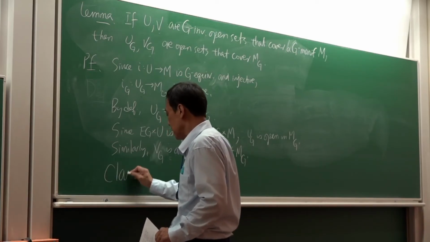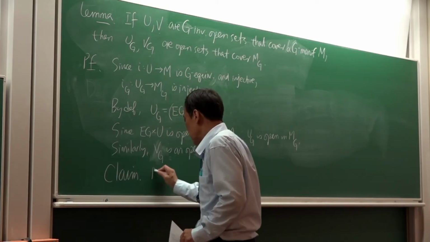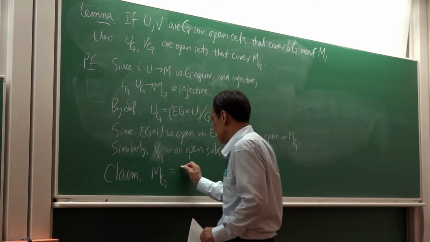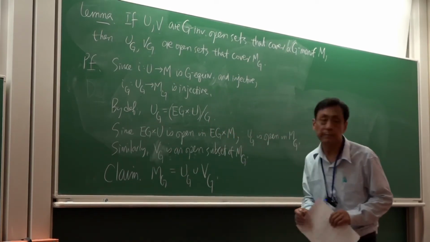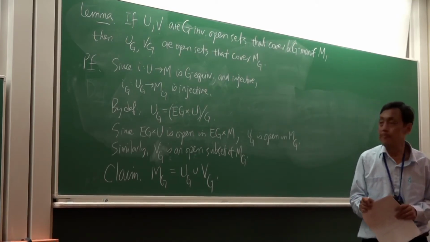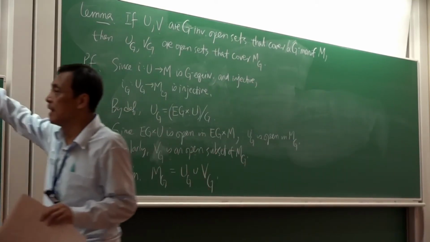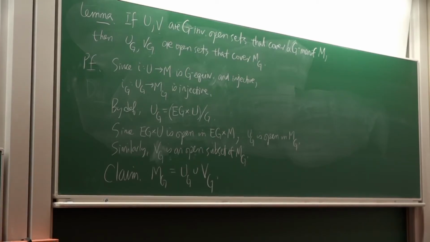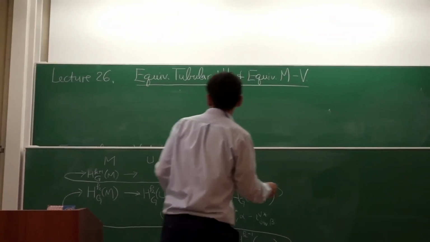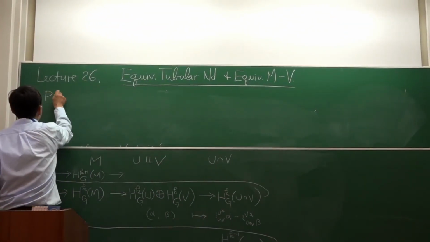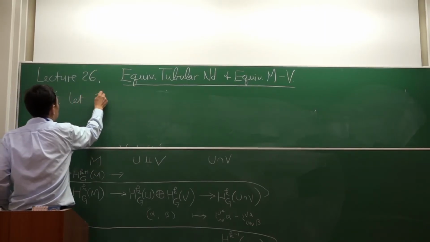So claim: M_G is equal to U_G union V_G. We take a point in M_G.